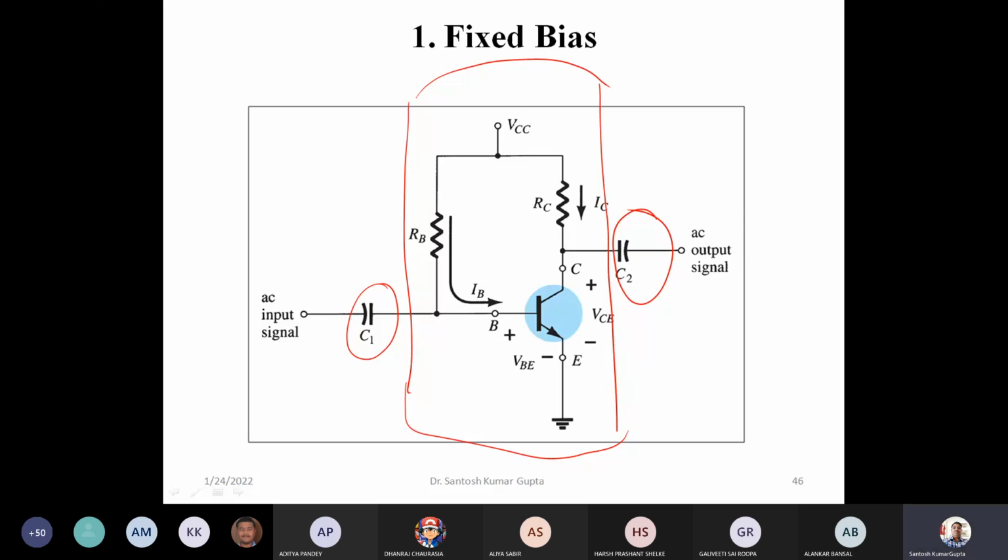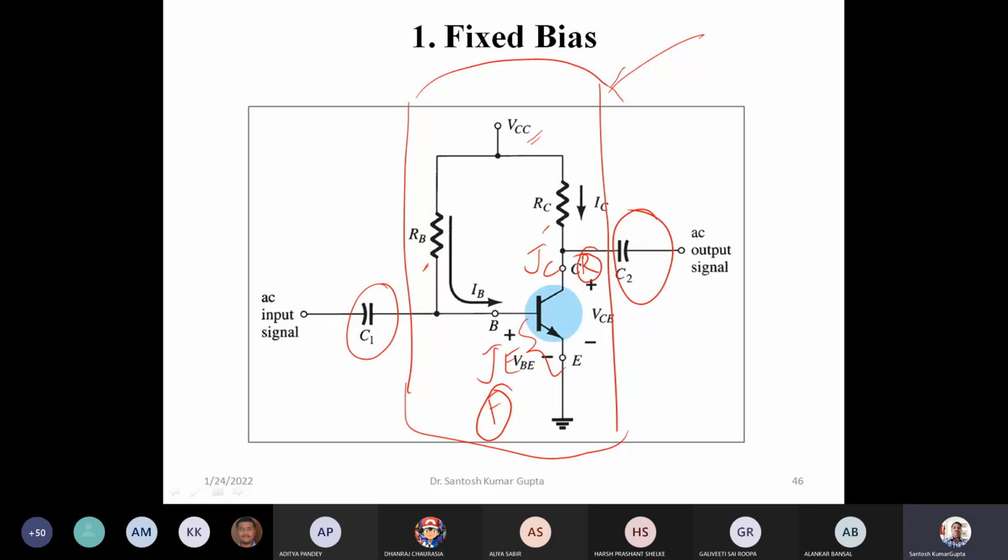If we look at this circuit, it is essentially using a single VCC, and there are resistances RB and RC. Using these RB and RC, we generate voltages which appear across the emitter junction and collector junction, such that the emitter junction becomes forward biased and the collector junction becomes reverse biased.